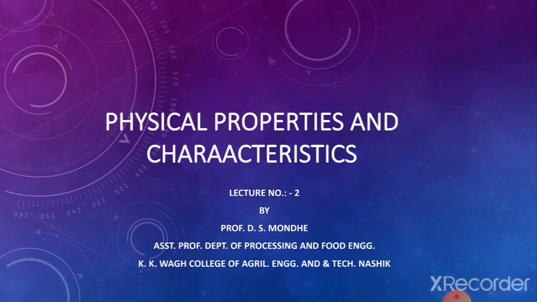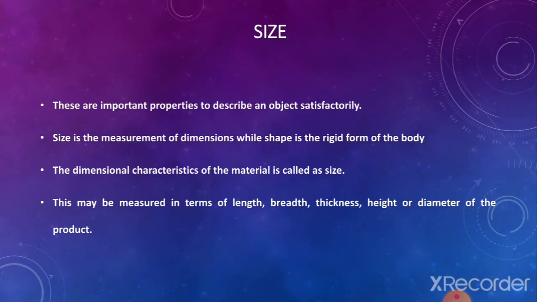In this video lecture, we will study the physical properties and characteristics. This lecture is part of the course Engineering Properties of the Agricultural Produce, which belongs to the third semester of BTech Agricultural Engineering. Starting with the first slide, we will cover three physical characteristics of the agricultural produce, that is size, shape, and roundness.